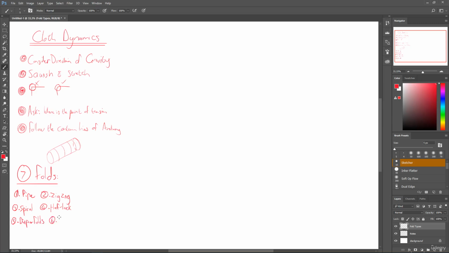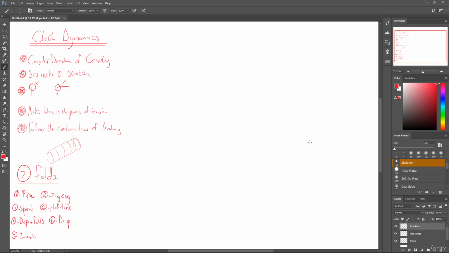Our sixth type are drop folds. And our last type are inert folds, inert meaning inactive or not really moving. Okay, so let's get into it, and we're going to start drawing out our folds. We're going to start with pipe folds.